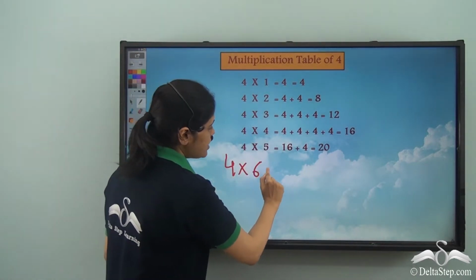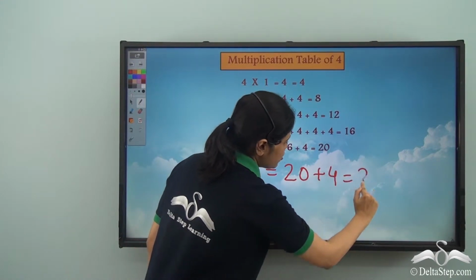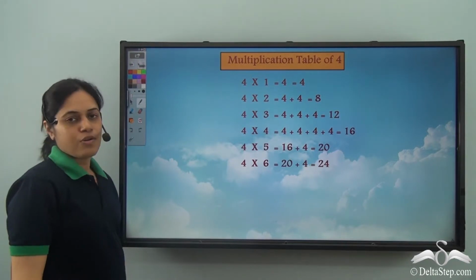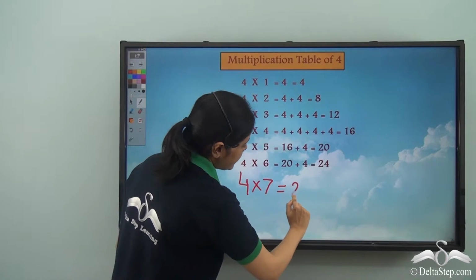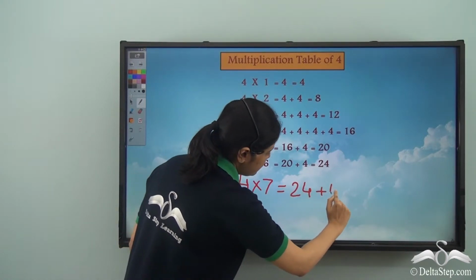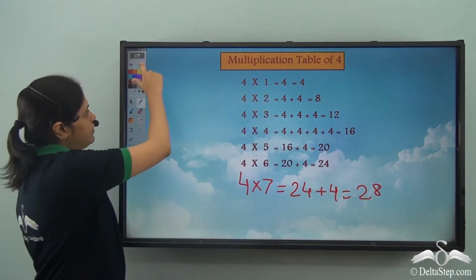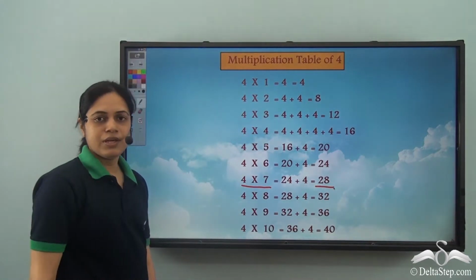4 into 6 will be 20 plus 4, which is 24. 4 into 7 will be 24 plus 4, which is 28. So 4 into 7 is 28.